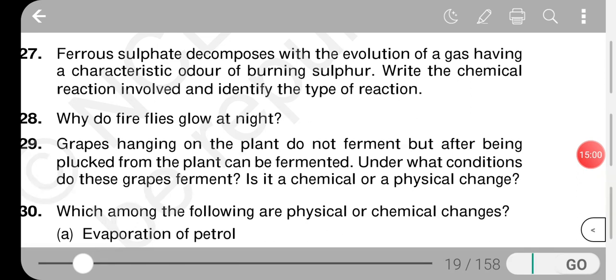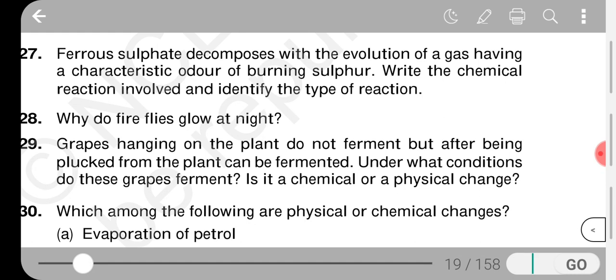Okay, and because of the loss of immunity, they are attacked by the microbes, and the microbes start growing on them, and once they are plucked, the microbes grow in them under anaerobic condition, and it causes fermentation. So it is a kind of chemical change. What type of change is taking place? It's fermentation. Okay, fermentation is a type of chemical change. Fine. So now moving on to the next one.